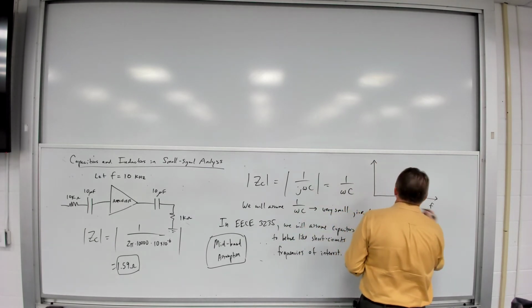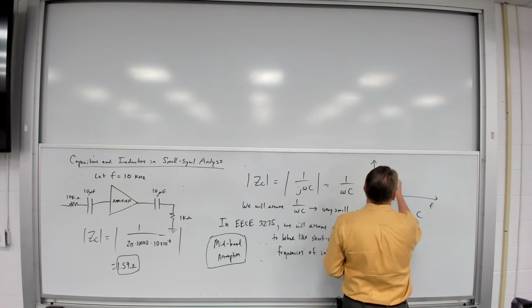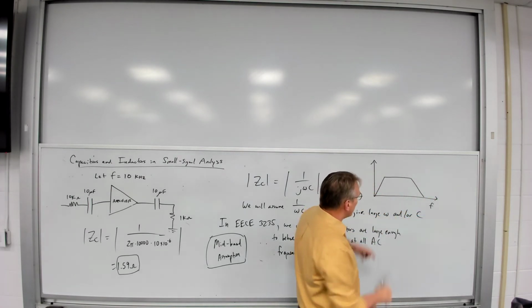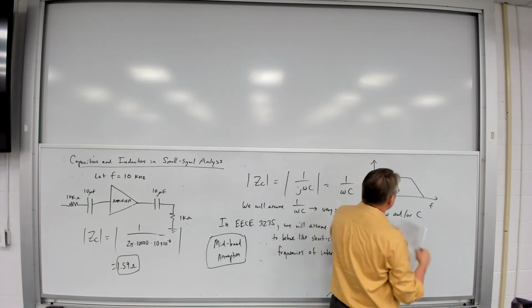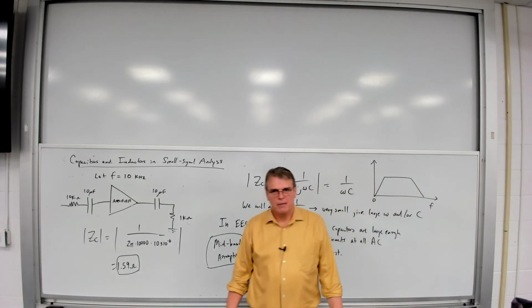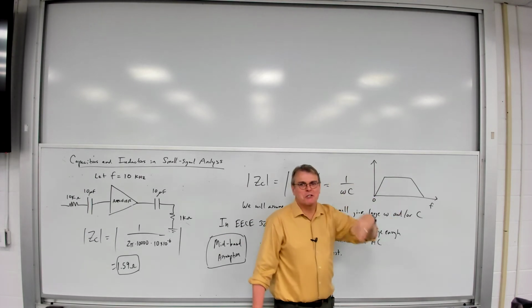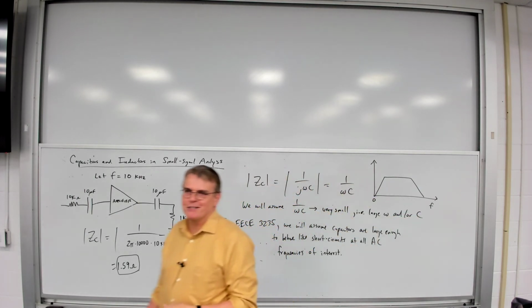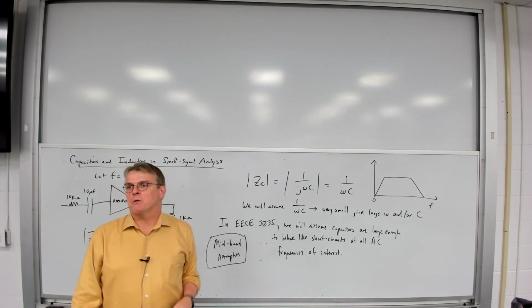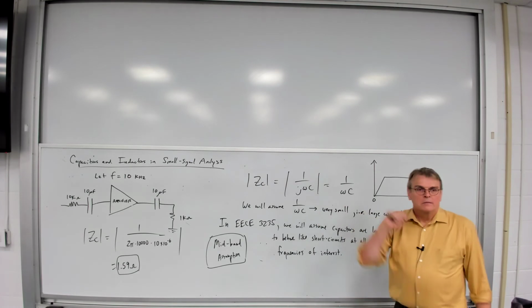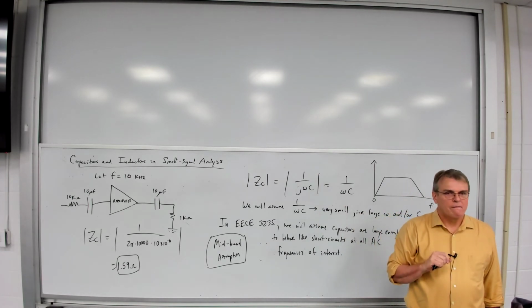When you look at frequency, you'll see typically this type of response, where circuits will behave very differently at very low frequencies and very differently at very high frequencies. We're only going to worry about this region in the middle. And so we're just going to treat all of our capacitors like short circuits. So that makes things easy for us. All right? Questions? All right.